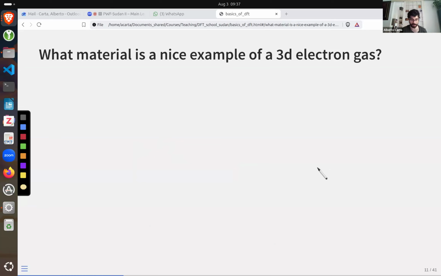What are the simplest systems that will show the physics we have just derived? Give it a couple of minutes. There are many examples, and feel free to look online. I cannot see you, but tell me what you think are good examples of 3D electron gases.